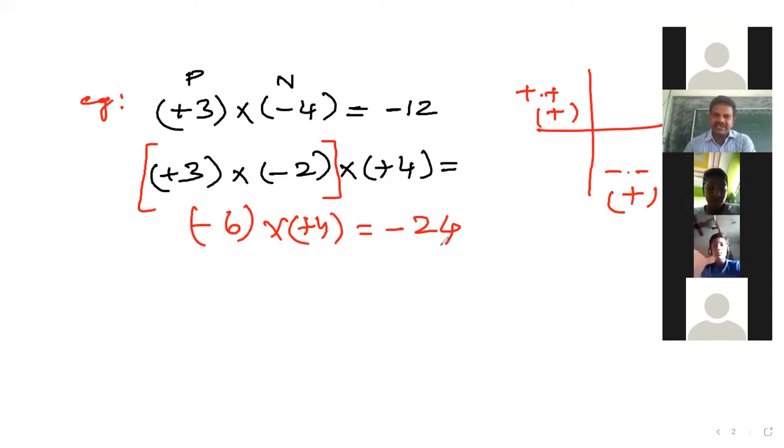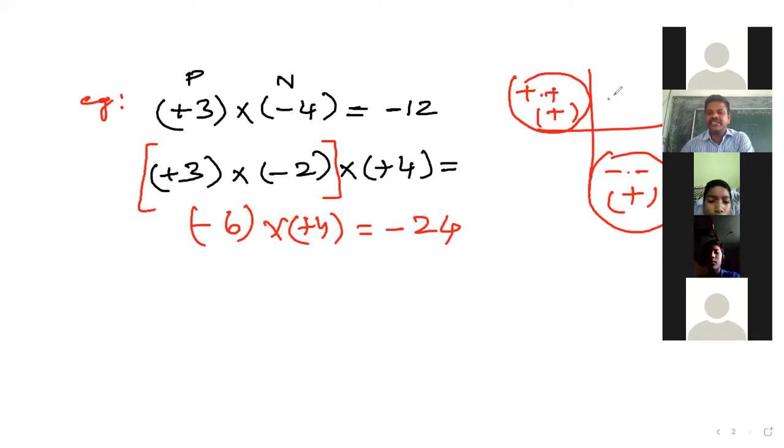Except in those two cases we get plus. In all other cases, plus into minus is minus, minus into plus is minus. So this is a very important point to keep with you, right?